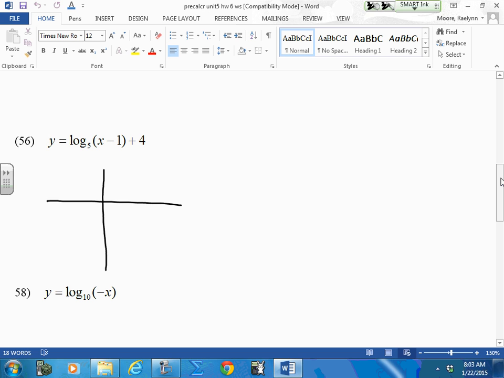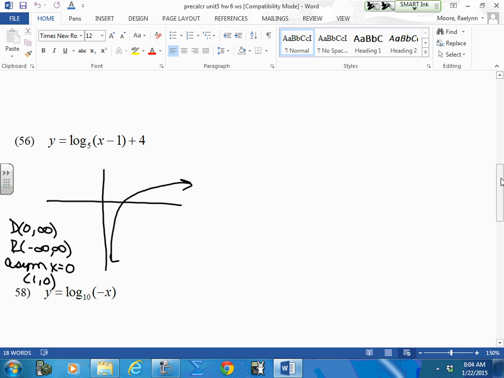Start with your basic log. Log base 5. Not a lot of difference in log base 6. A little closer. The 6 is a little closer to the x-axis, but they all work the same. Domain. Range. Asymptote. And x-intercept.